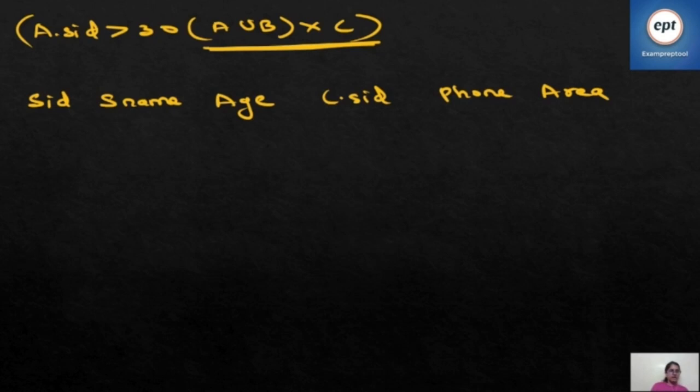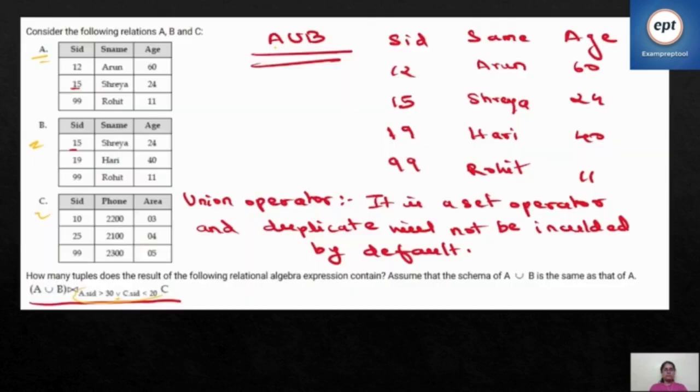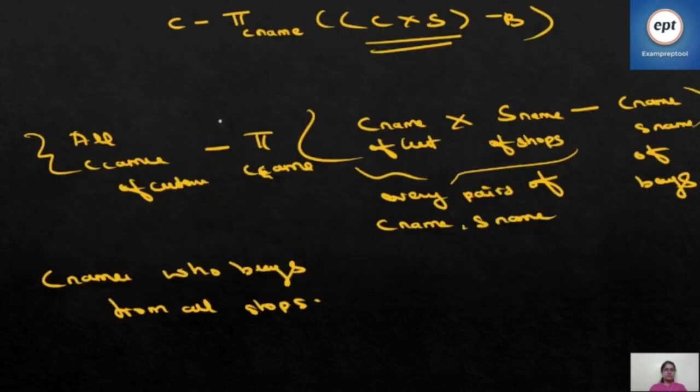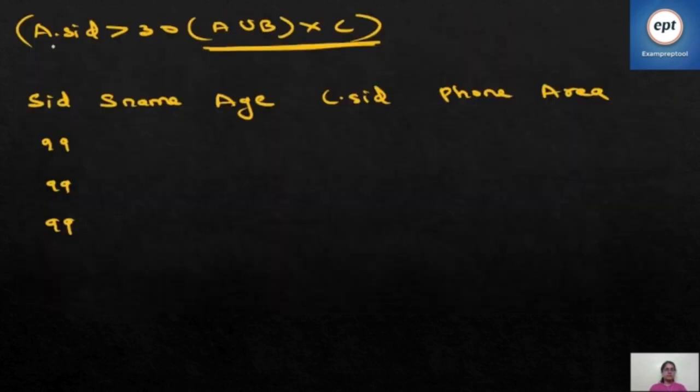Now let's write the tuples. We will get 99, 99 and 99. So we have to do the union and cross product, 12 and 10. But the condition is we will only select the row if SID is greater than 30.